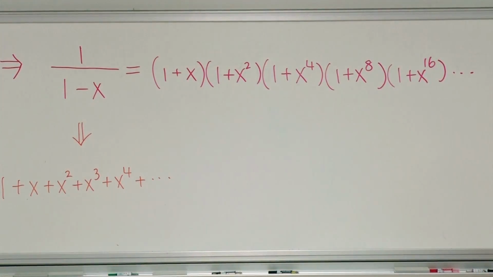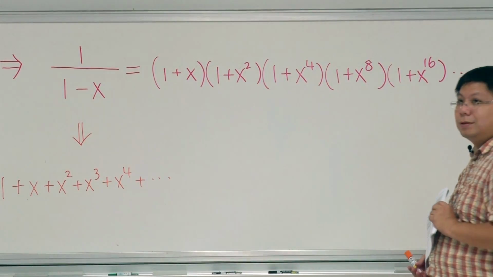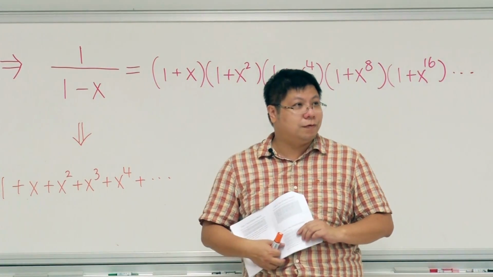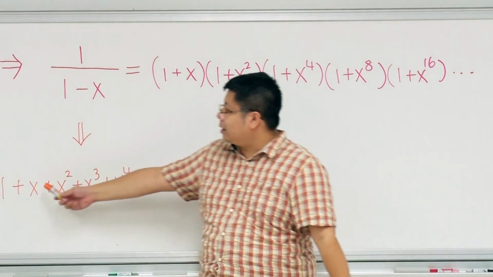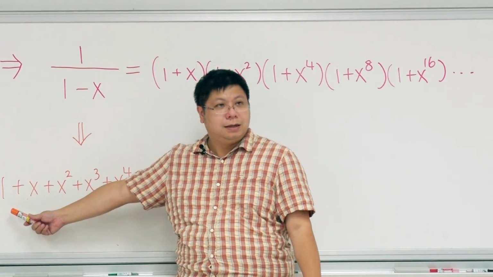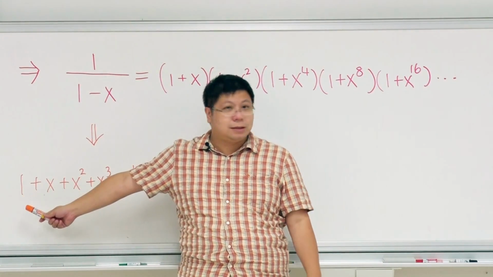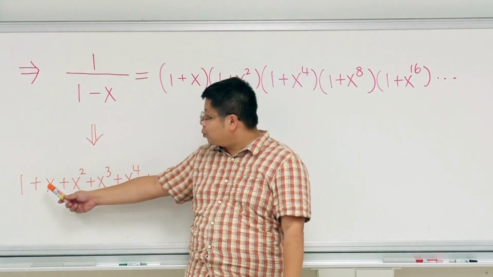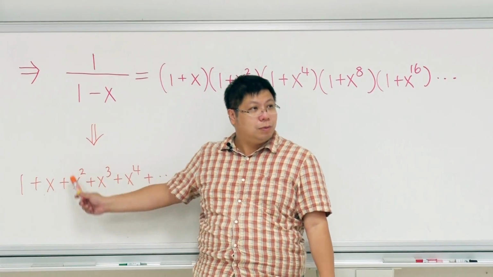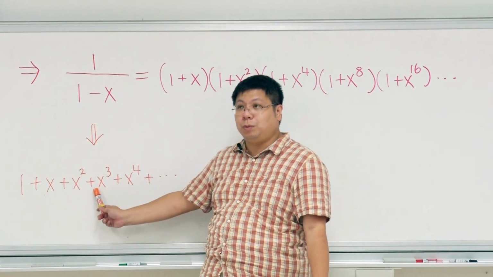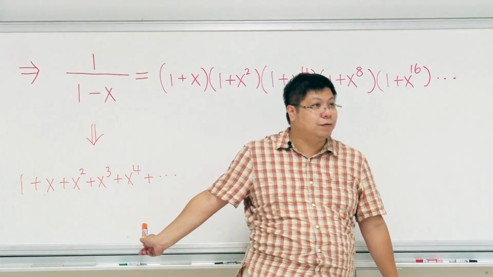Now think about them as a counting problem, a generating function of how many ways of doing something. So here, it means that there is one way to have 0 objects selected, one way to have 1 object selected, one way of 2 objects selected, one way of 3 objects selected, and so on and so forth.